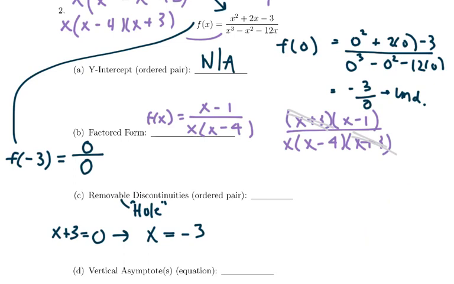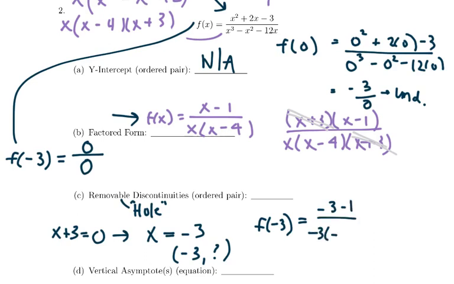So we need to figure out the ordered pair for that hole, right? We know it's negative 3 comma something. Well, whenever you have an x coordinate and you want to find the y coordinate, you just plug it in. So obviously we're going to plug it into our new one, because as we can see, when we plug in negative 3 to the original form without the thing canceled, we get 0 over 0, which is the whole reason we canceled it. So negative 3 minus 1 over negative 3 times negative 3 minus 4.